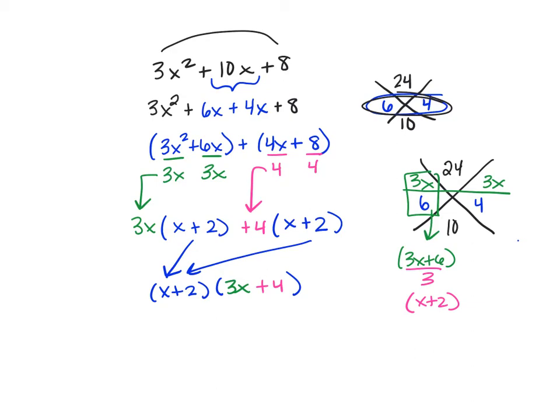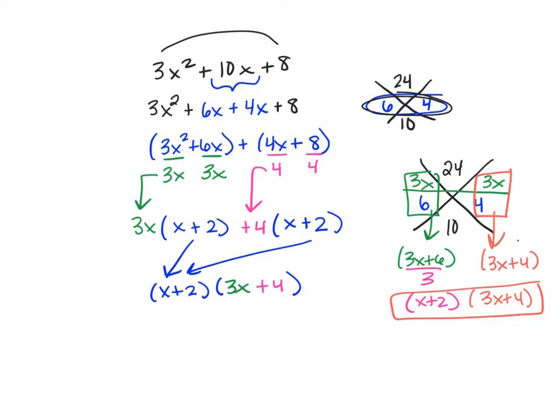And on the other side, we have 3x plus 4, which doesn't have a common factor to factor anything out. So we have 3x plus 4. Notice we get the same answer as factor by grouping. They're very, very similar, but they just have some subtle differences.